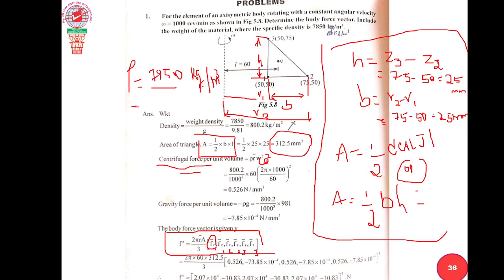Meter to mm, what you have to do? 1 meter equals 1000 mm. Therefore 1000 whole cube, because meter cube is there.